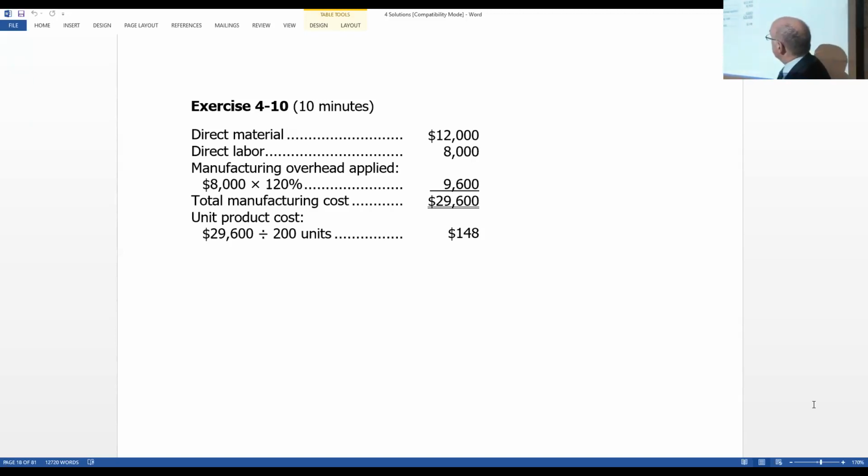So we have direct material, 12,000, direct labor, 8,000, the manufacturing overhead, 8,000 times 120%. That's the overhead that's assigned. It may not be the correct one. It's applied. It's estimated. So we get 29,600, and that's for 200 units. So the unit cost that we would assign is 29,600 divided by 200, or $148.